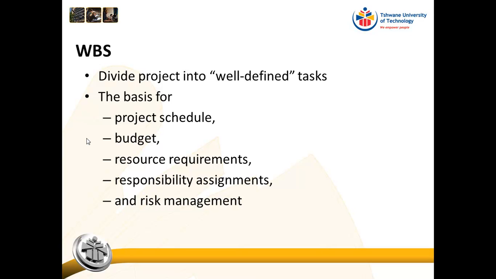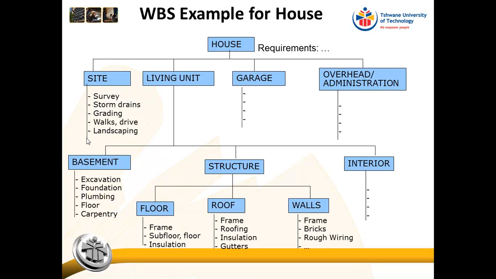It also becomes the basis for procurement and communication and all other types of things. But you can see the work breakdown structure is sort of the fundamental pillar that the rest of the project turns around. Okay, so here is an example of a work breakdown structure for a house.